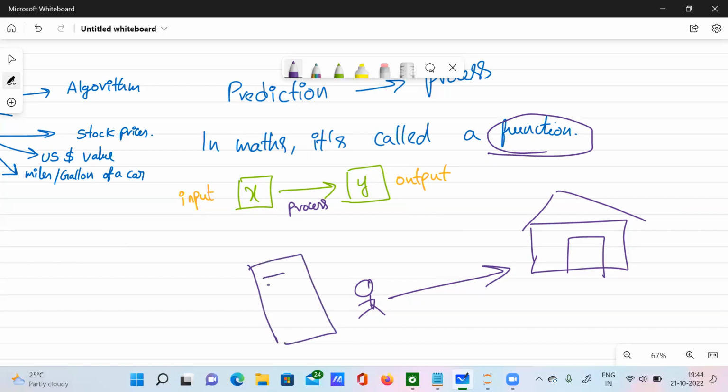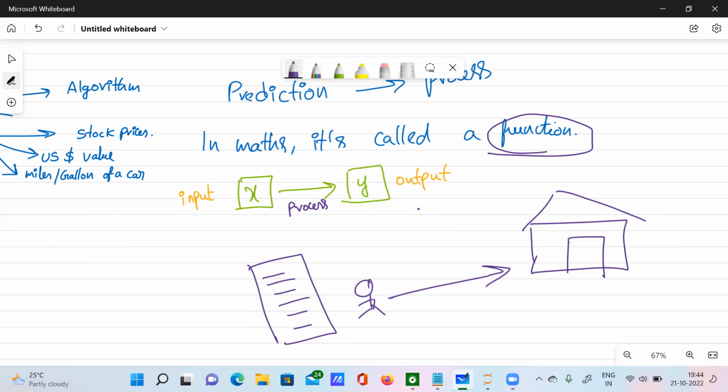In his history, he could have taken some kind of loans, and maybe he has already paid them, or maybe he could not have paid them. So some things have happened in the past. This particular bank should verify these past details of this person, and based on this past, they will decide whether they should give the loan or not.